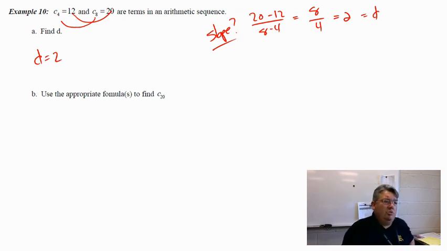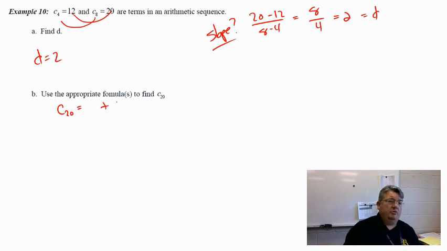Now, I'm looking at this 12 to 20. It's going up, which means the difference is positive. So I always kind of double check, make sure I got the right sign. Now, use the appropriate formula to find the 20th term. Whoa. Which means now I couldn't just go 20, 22, 24, and so forth all the way to the 20th term. I have to use an appropriate formula. Well, the appropriate formula is the 20th term is going to equal the first term.